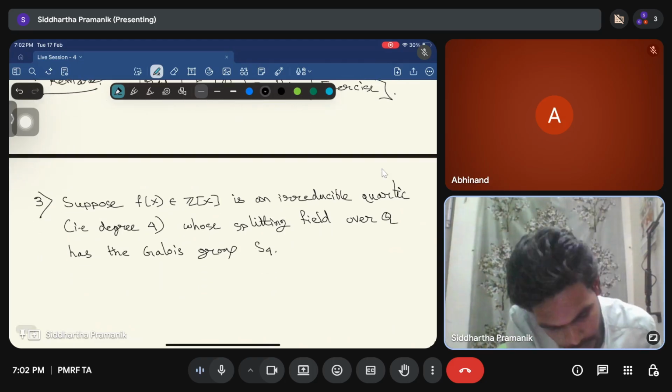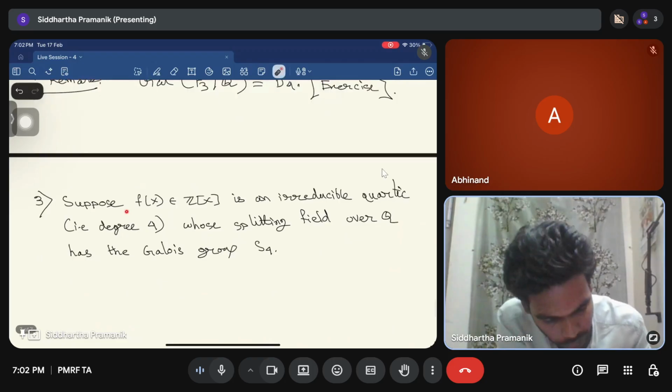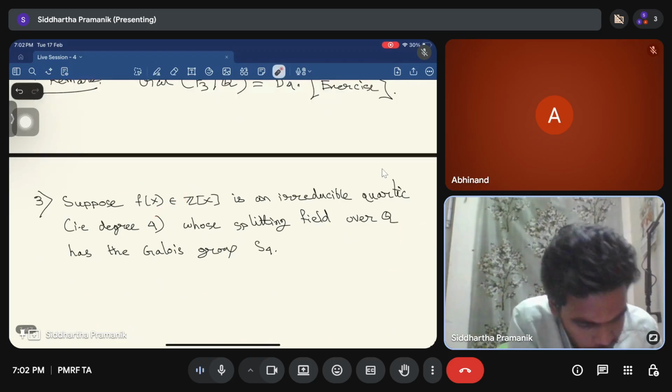So that means the splitting field of the polynomial, in other terminology, we say its Galois group is S4.